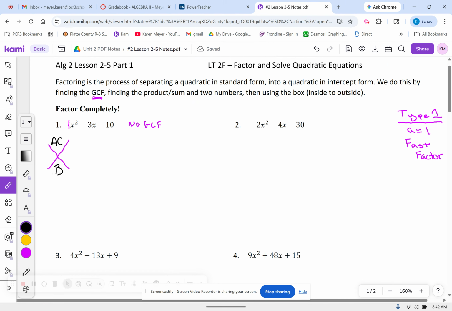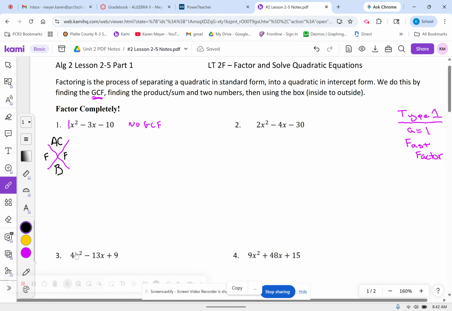And then you have to find the two numbers for the side. And the two numbers you have to find for the side is what I call the factors. So they're the ones you must find. And the deal is the two numbers have to multiply for the top and add for the bottom. So I'm just going to call these factors, but these are the ones that you have to find.